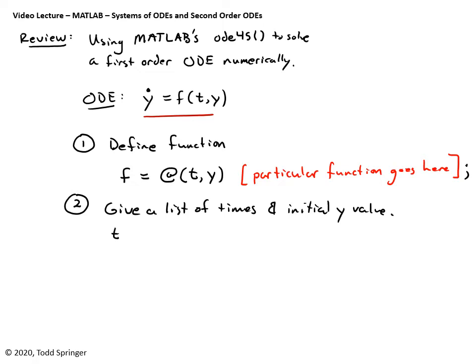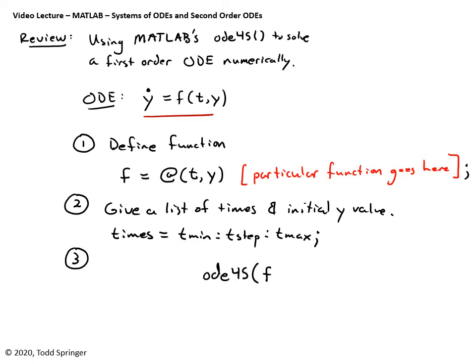So I would do something like times is equal to t-min, whatever I want my minimum time, my time step, and my maximum time. So I'm going to give it a list of times that I want to know the function y, and then I call ODE45. ODE45 comes with 3 arguments.